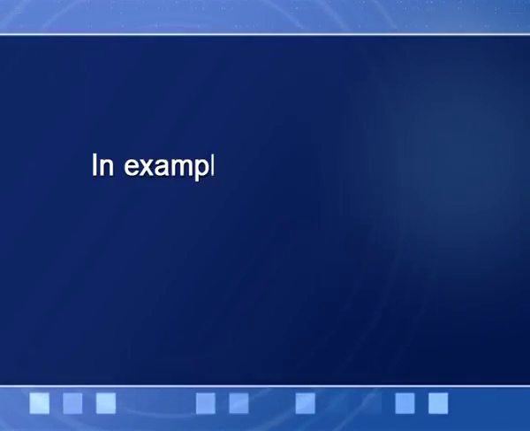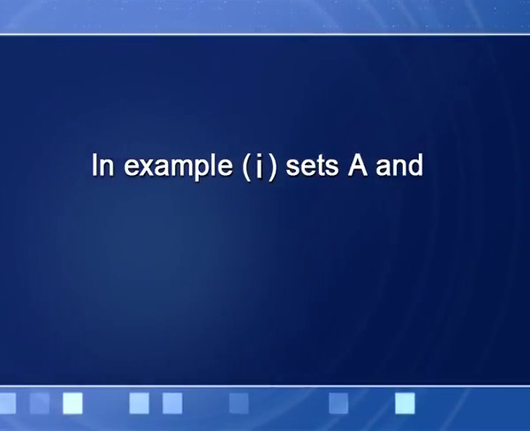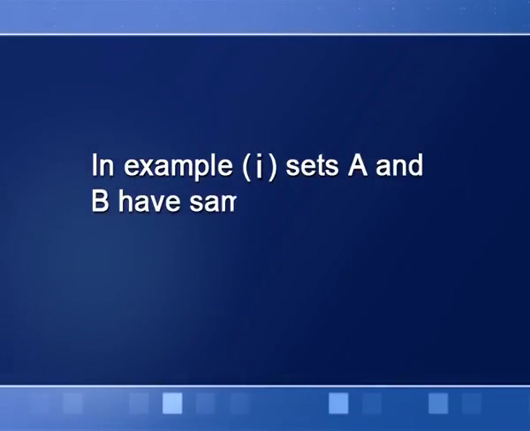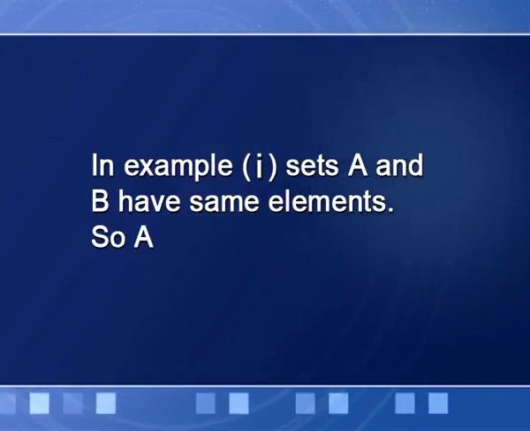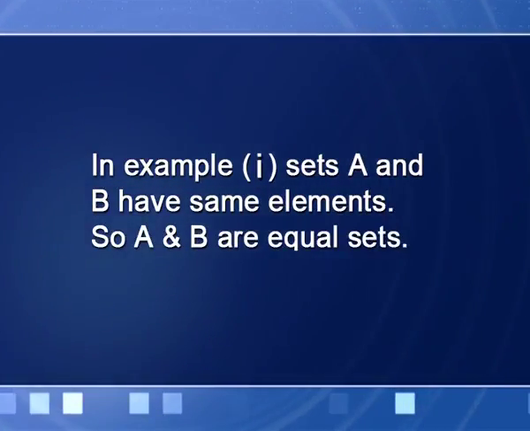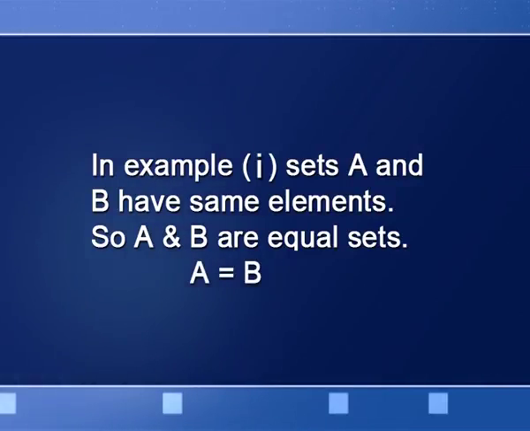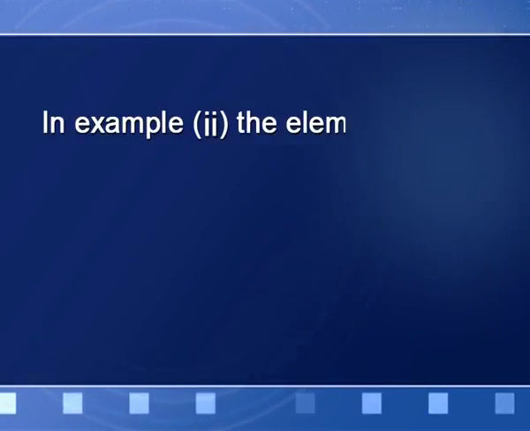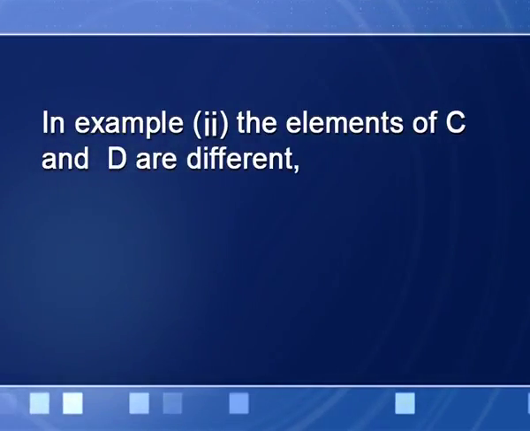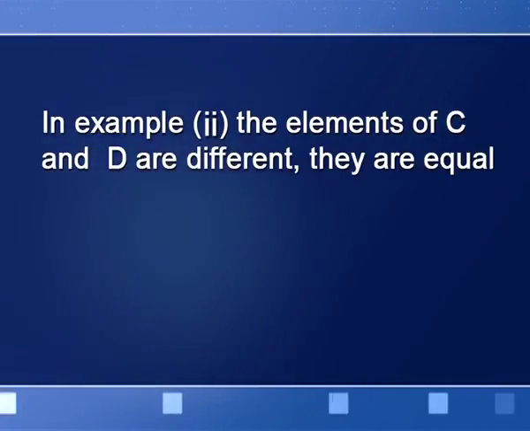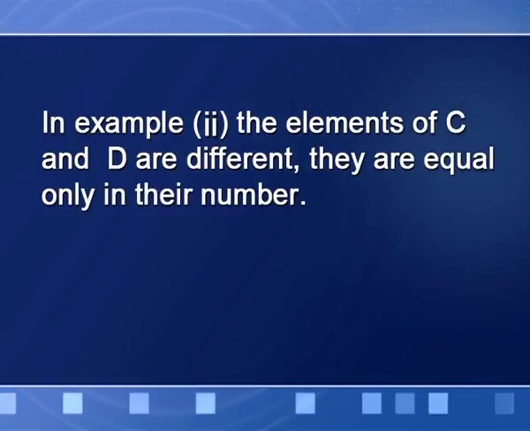So what we found in the first example, set A and set B have the same elements, so set A will be written equal to set B. While in the second example, the elements of C and D are different, but they are equal only in their number.